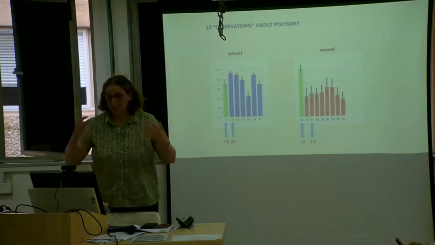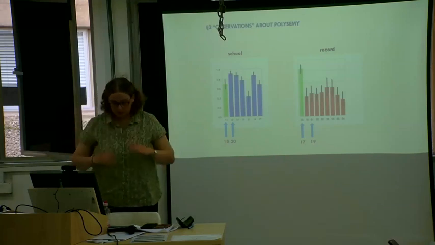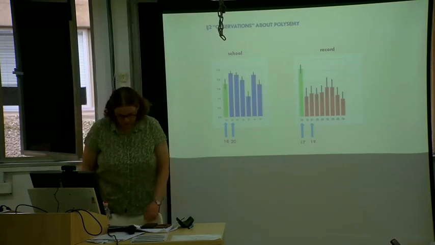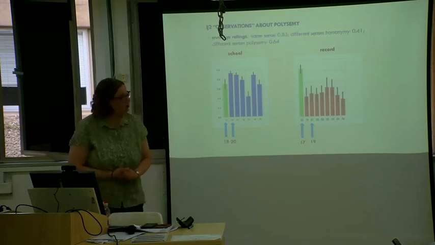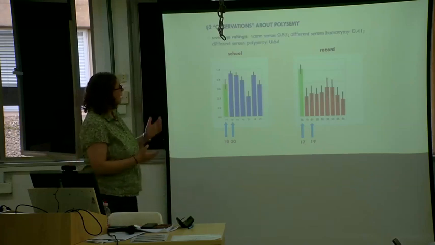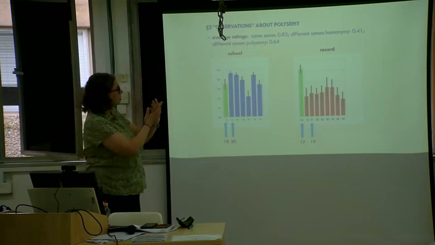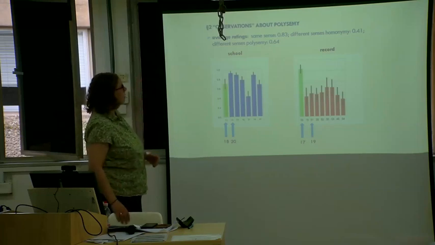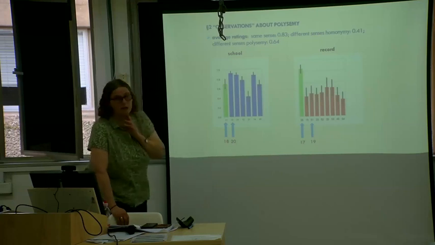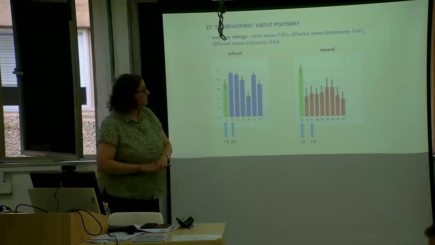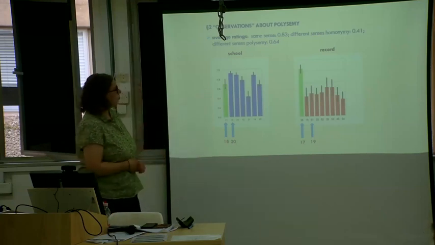Okay, so these are just two examples, but he obviously ran these experiments for many other nouns, and here are the overall results. So overall, on average, when you did conjunctions of the same sense, you got an acceptability rating of 0.83. When you conjoin different senses of homonymy, you got 0.41.